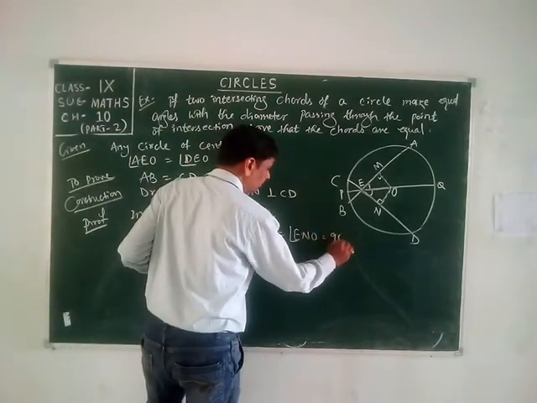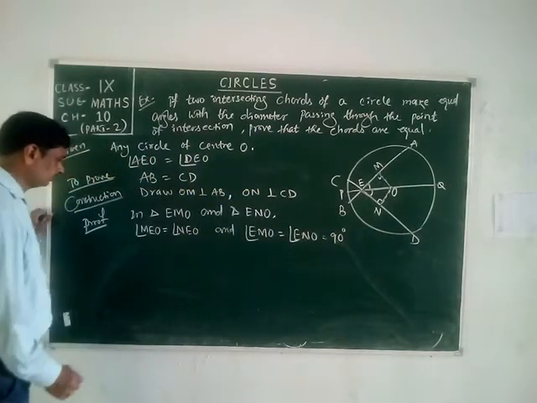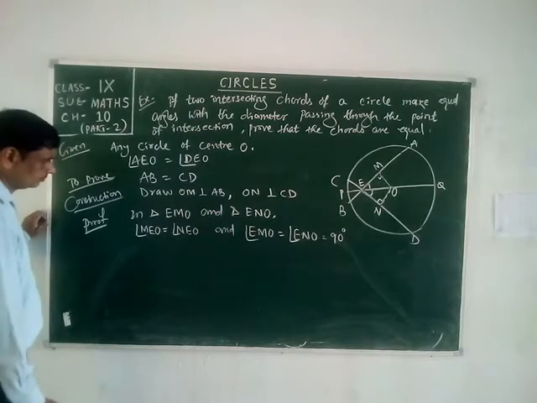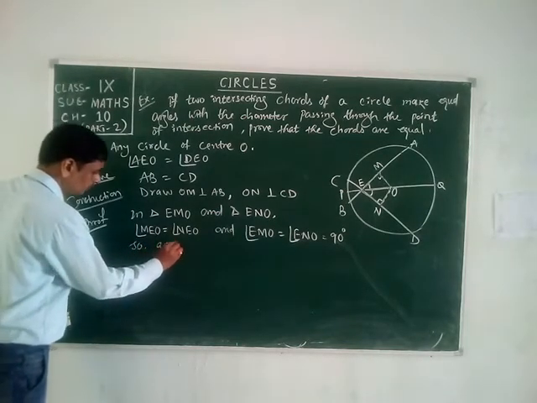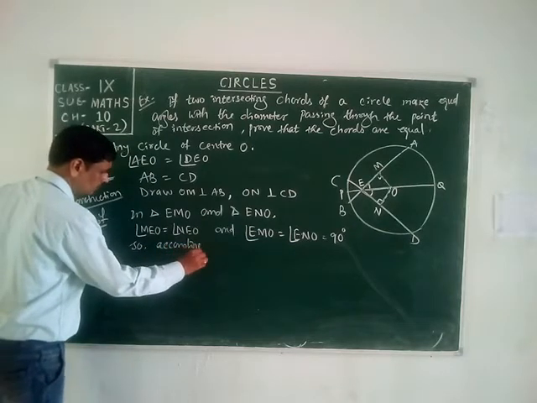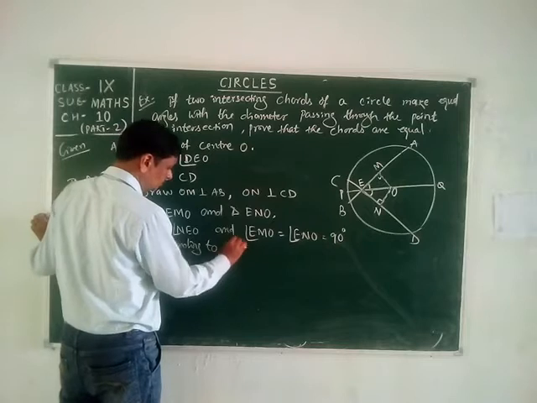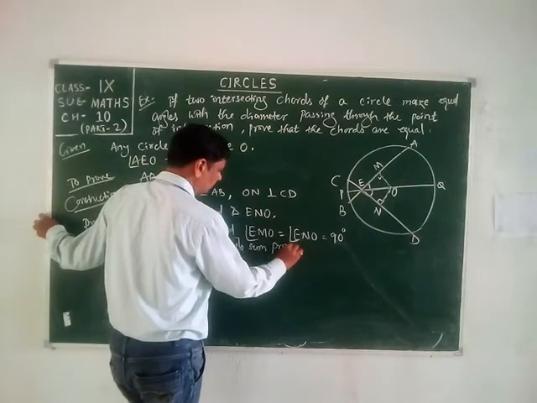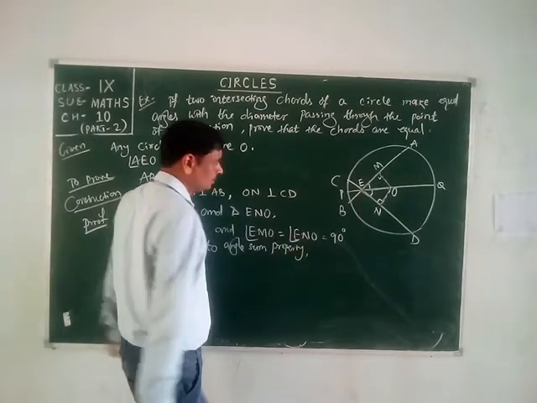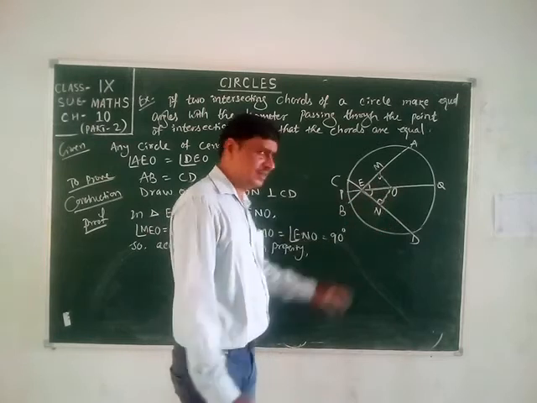Both are 90 degrees. So, according to the angle sum property, angle EOM and angle EON will be equal.